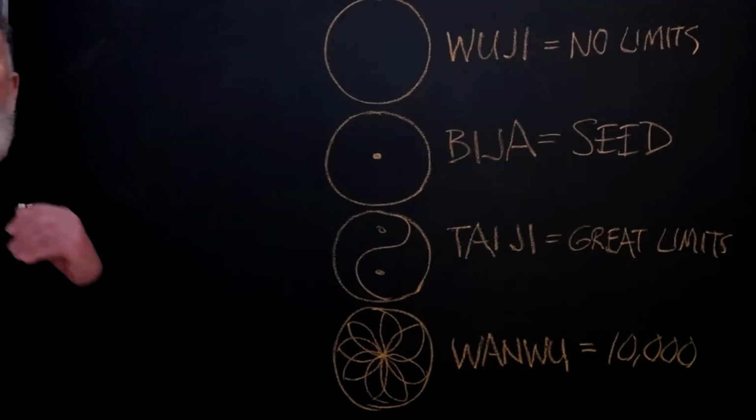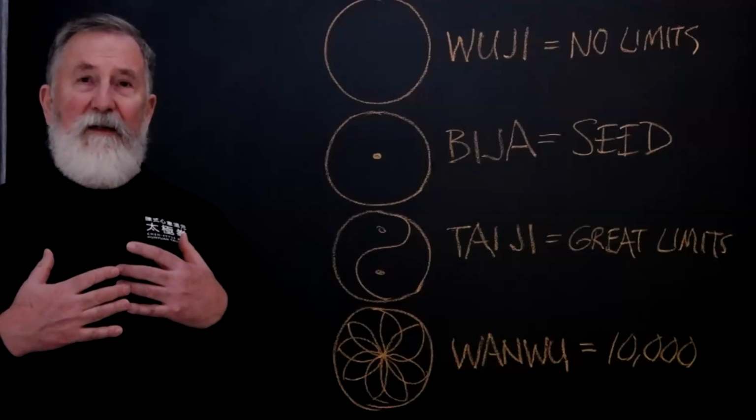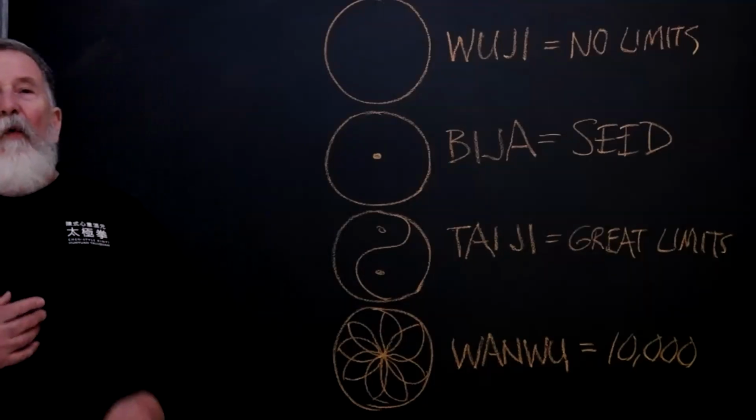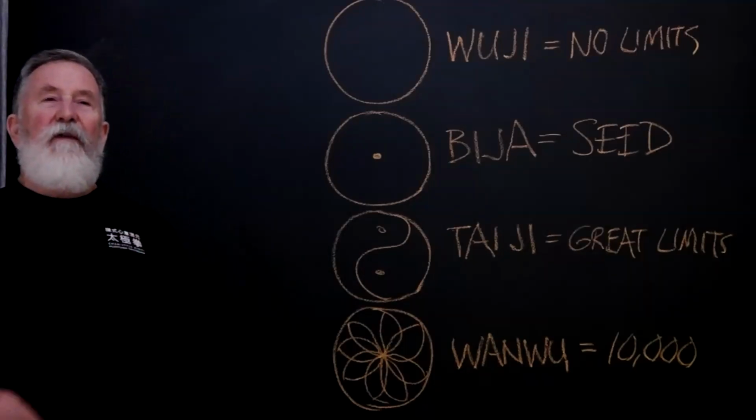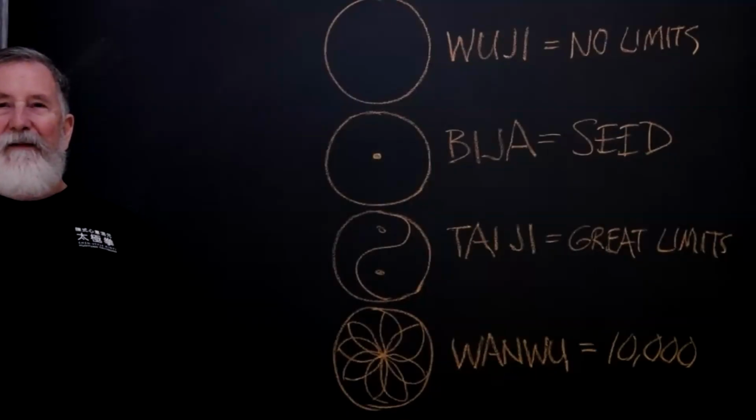So if we think of just an individual human body, which one of these is your physical body? Ran? Which one of these represents the physical body? Feels like the lower one, the bottom one. Yes.